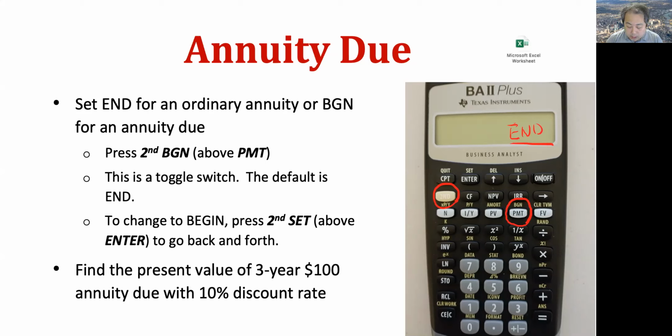So press second again and press set. Then this END changes to BGN. Then press C. And what happened is you see the small letters BGN in the top right corner. Then you are in BGN mode. Now find the present value of a 3-year $100 annuity due with a 10% discount rate. It is very similar.